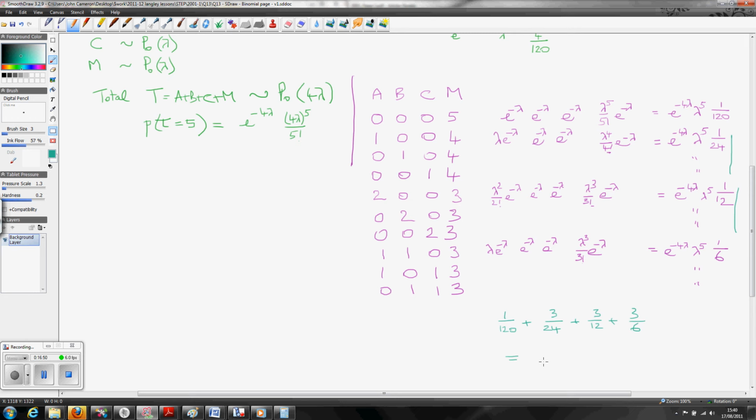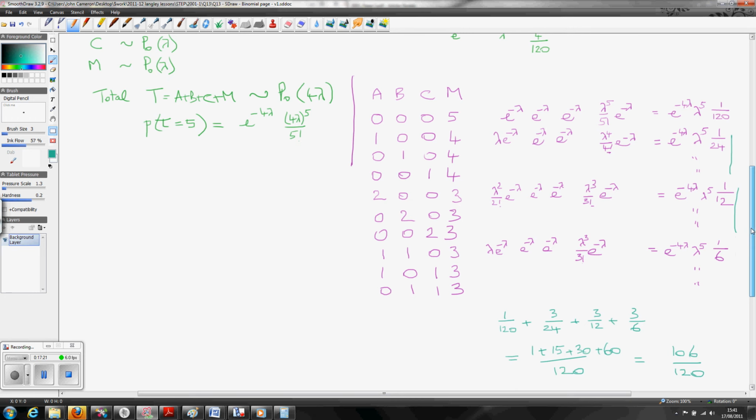I want to see how many over 120 that is. 1 plus 15 plus 30 plus 60, which is equal to 106 over 120. Okay, so that's 106 over 120 times e to the minus 4 lambda, lambda to the 5.